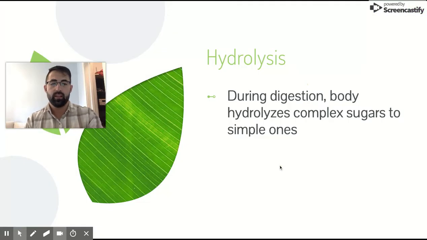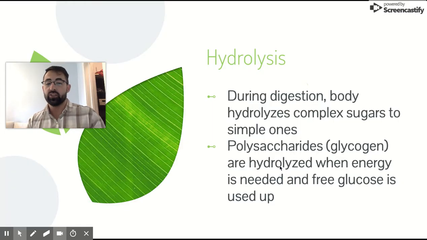Again, hydrolysis happens during digestion. Our body hydrolyzes complex sugars into simple ones for energy or to build up other molecules. It also happens when we are low on free glucose in our bloodstream. So we'll break down polysaccharides, which just means many sugars, like glycogen. These are hydrolyzed to free up glucose for the bloodstream.